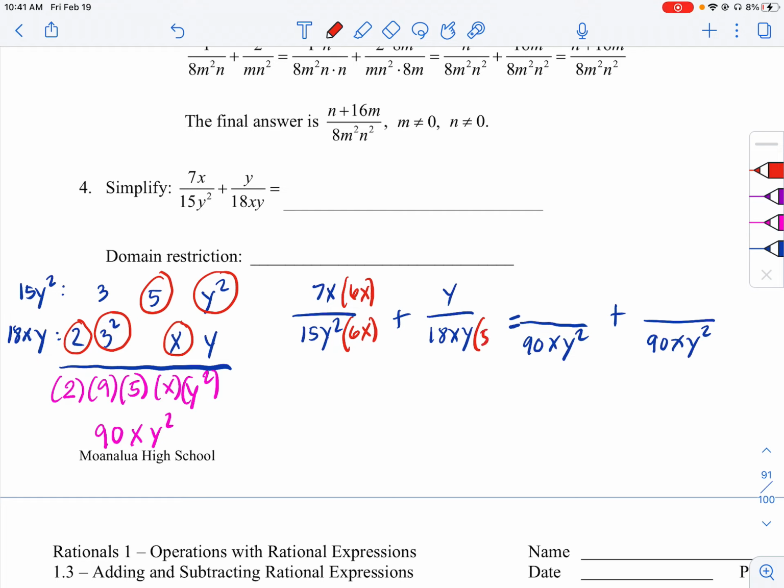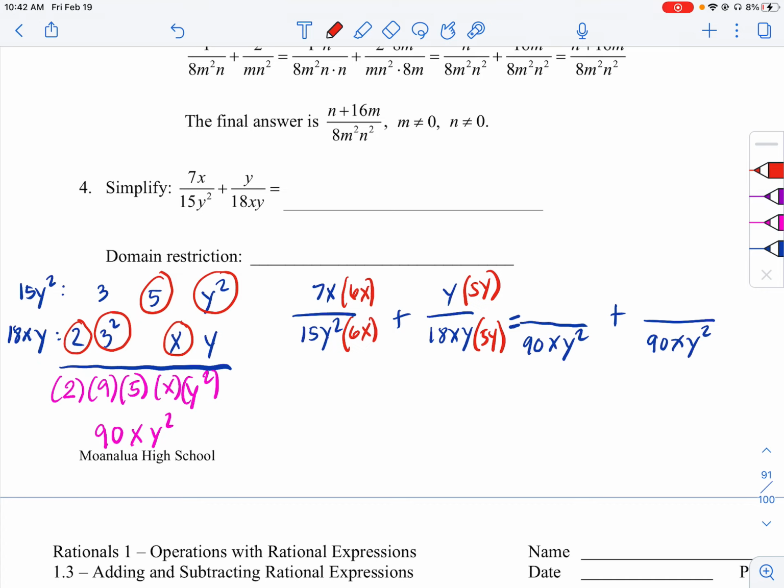And I don't have to multiply with x because it already has an x, but I do have to multiply it with 1y because this one is y squared, but this one is only y. So I have to multiply it with another y. And whatever I did to the bottom, I will do it to the top.